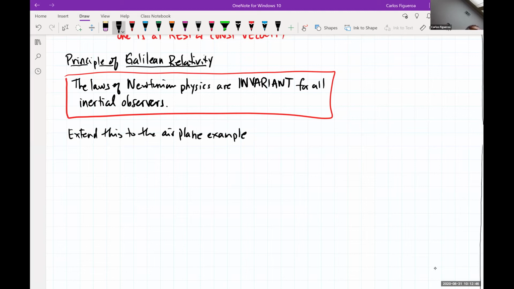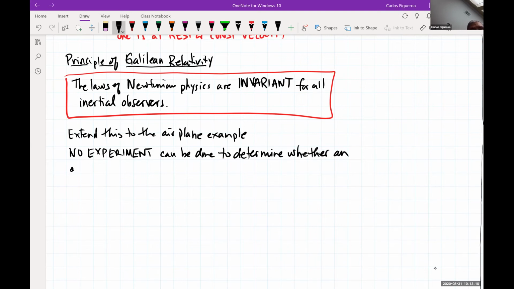And so what I want to say here is that no experiment can be done to determine whether an observer is at rest or moving at constant velocity.